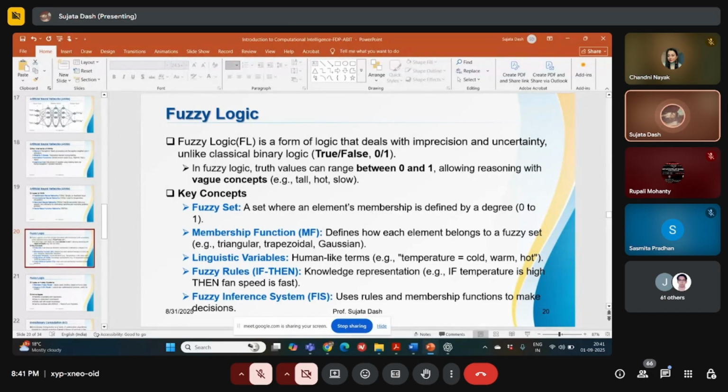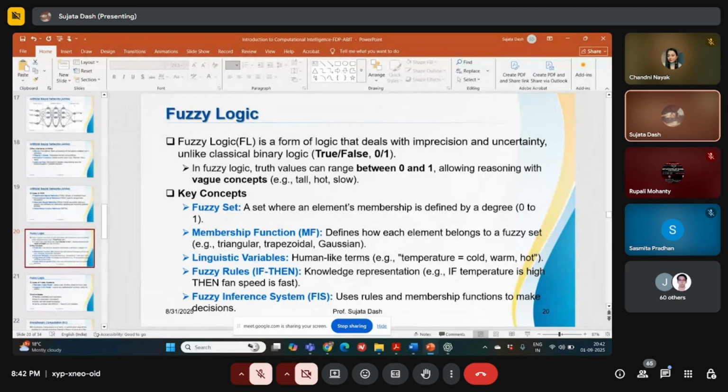So the membership function can be defined using graphs. The graphs define how each input maps to the membership values. The shape of the graph may be triangular, trapezoidal, or Gaussian.